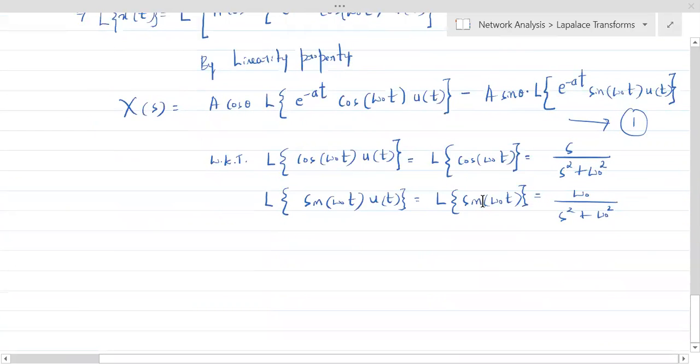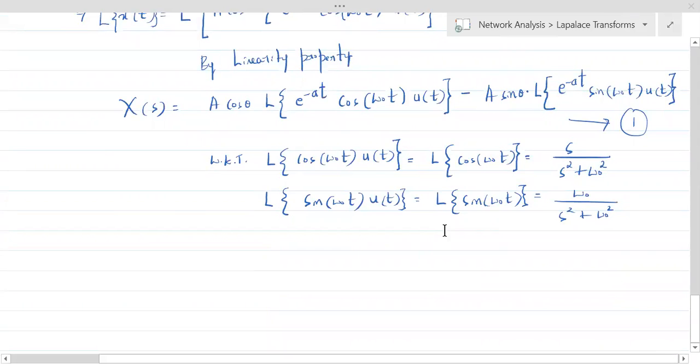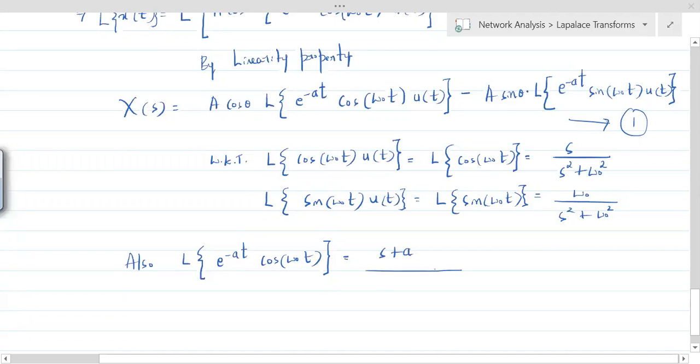Now what would happen if we apply Laplace transform to e power minus at cos omega naught t? Wherever s is there, that needs to be replaced by s plus a. That is the rule. If you have an exponential e power minus at, it would become this.